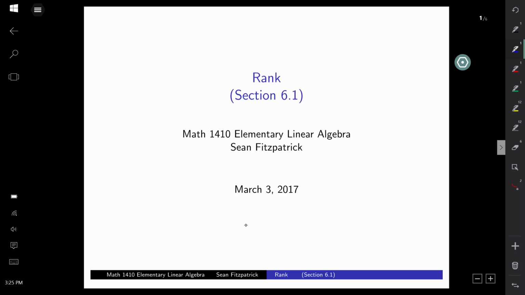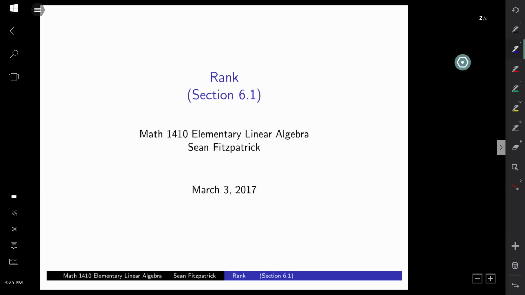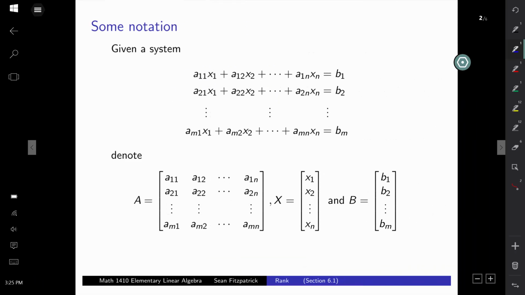So rank is a quantity that is used to classify different matrices, different types of systems. To keep things simple, we'll write everything in matrix form here. If somebody gives me a general system of equations, we're going to write down our matrix of coefficients here.